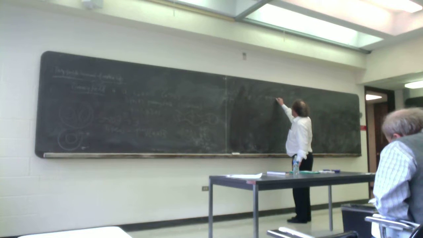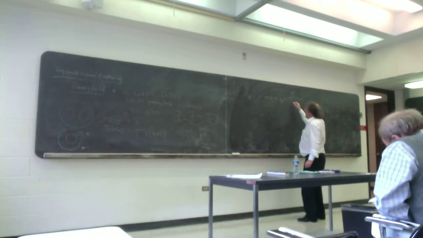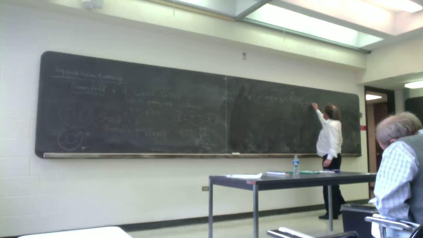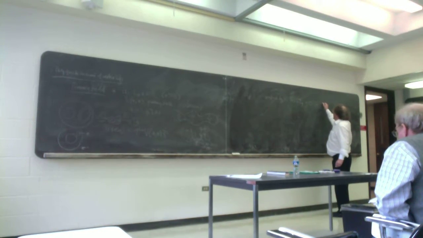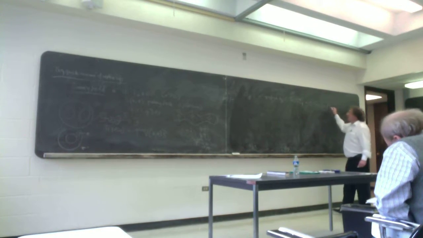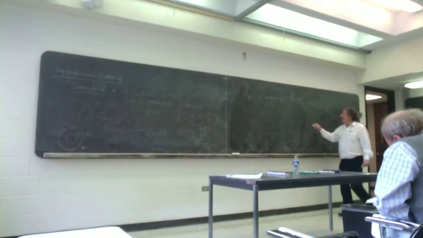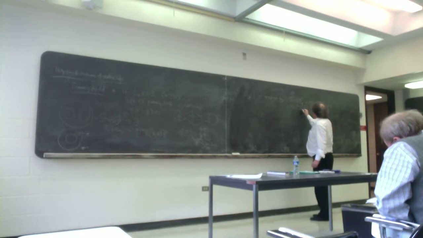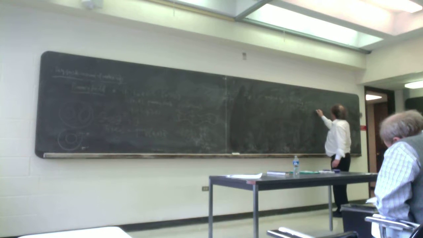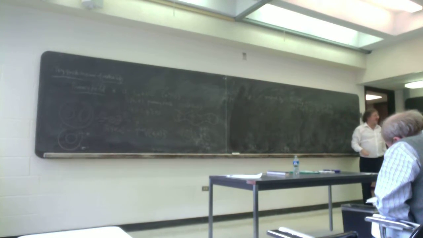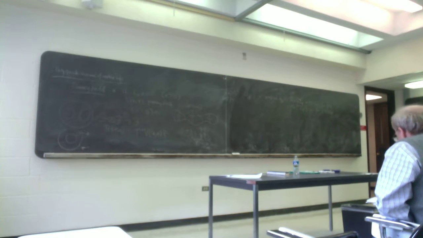It is specified by A of F omega P equals 0 for F perpendicular to pH, and A of F star omega P equals 0 for F in pH. That specifies the vacuum up to a scale.